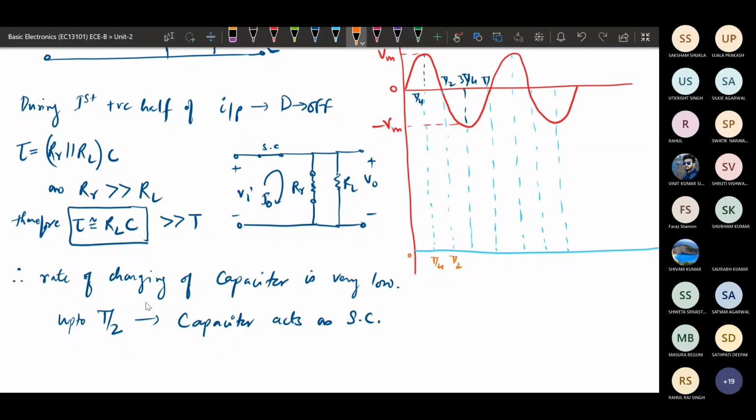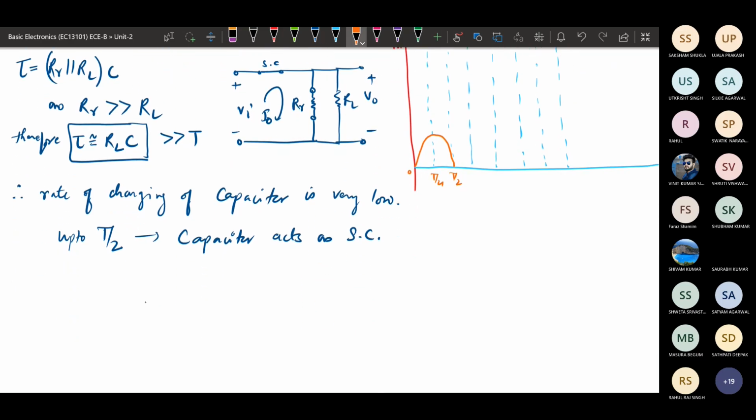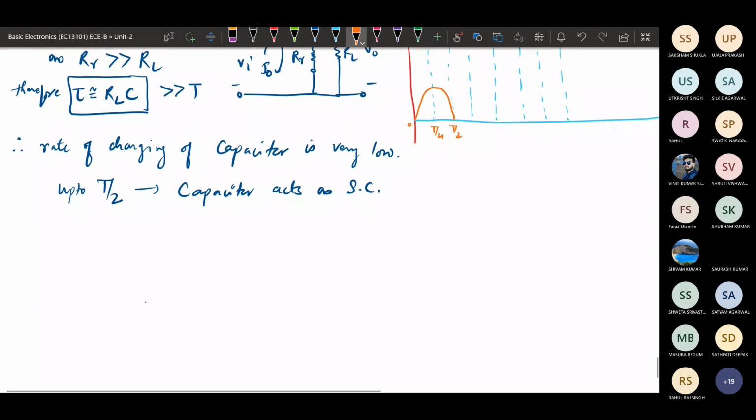If the diode is off, it will be an open circuit, so whatever input we are applying, the same output we will be getting for T by 2 time period. The output here is similar to the input, but up to T by 2 time period the capacitor has now charged.